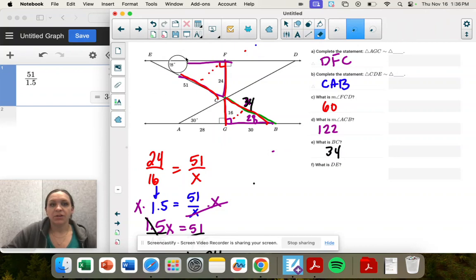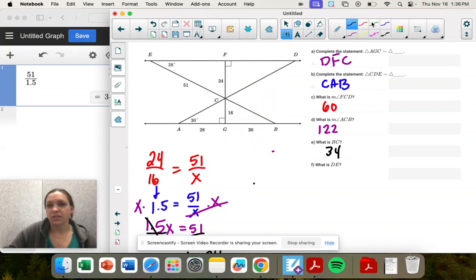All right, now we're looking at, sorry, I'm erasing every time because it would get so messy if I didn't, D E. Okay, so remember that this triangle, this big one, is similar to this one. We already found that out.